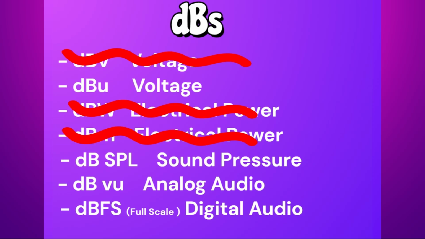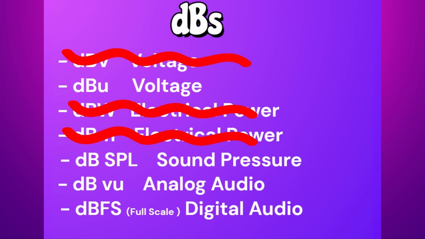Next, dBVU. That was invented in the days when all of the recording was done in the analog domain, prior to digital, and the dBVU meter was created to help the engineers achieve a good signal strength. We may or may not use that, so I'm going to leave it on the list and I'll talk about it.